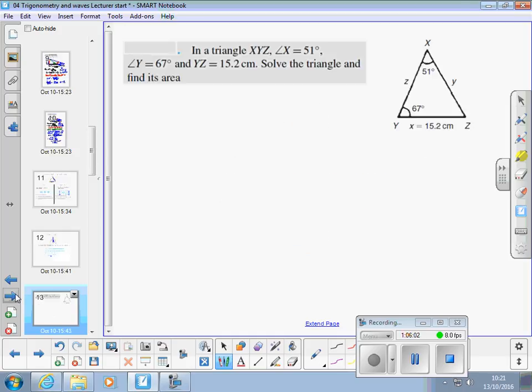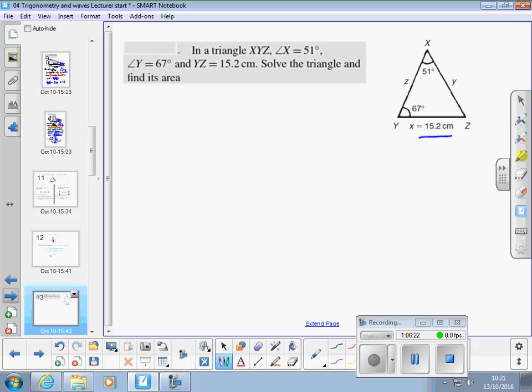So, in the triangle XYZ, angle X equals 51 degrees, angle Y equals 67 degrees, and the distance YZ is 15.2 centimeters.